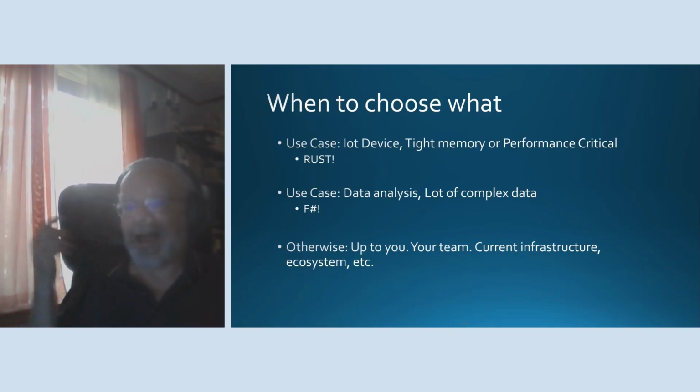If you already have .NET runtime in your system, then maybe F# is a better choice than Rust, and the other way around. If you don't have .NET runtime, then maybe bringing the .NET into your system might be a big step. Might be better to use Rust instead. But it depends. And I would say it's up to you.